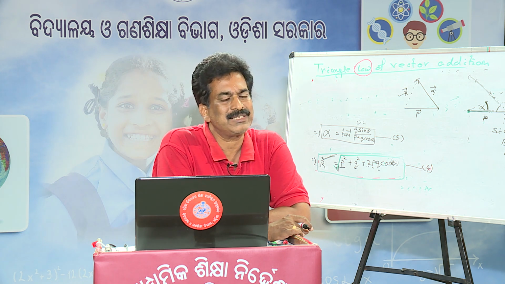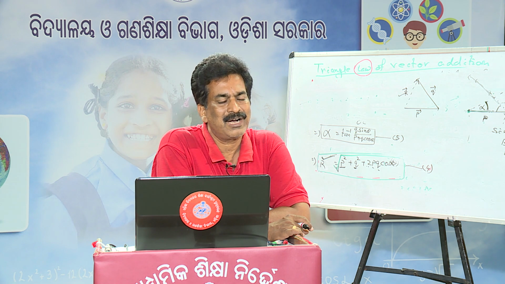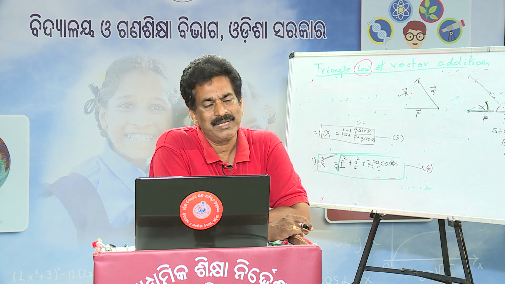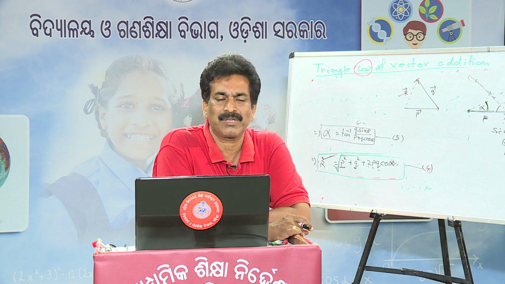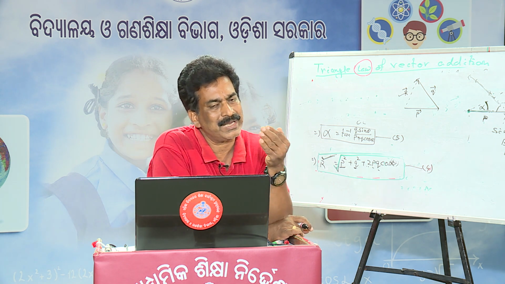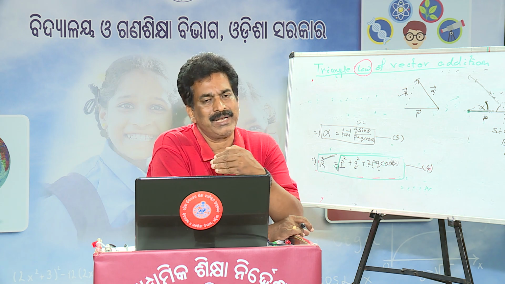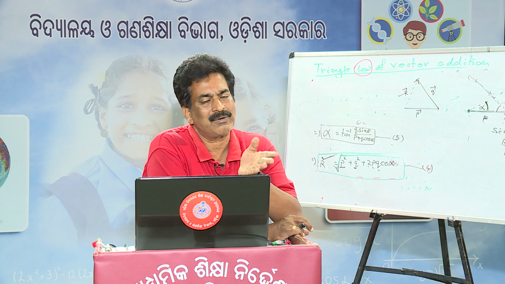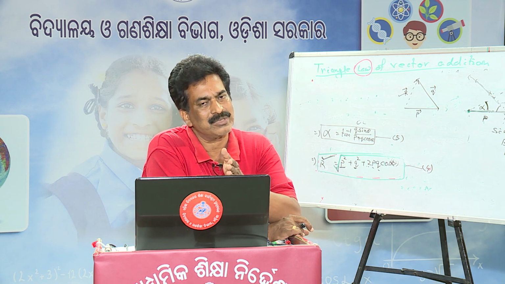Sin 120 is how much? Sin 60 is root 3 by 2, cos 60 is half. So, if we go from more than 90 to less than 180, the value of the cos function will be negative and the value of the sin function will be positive.